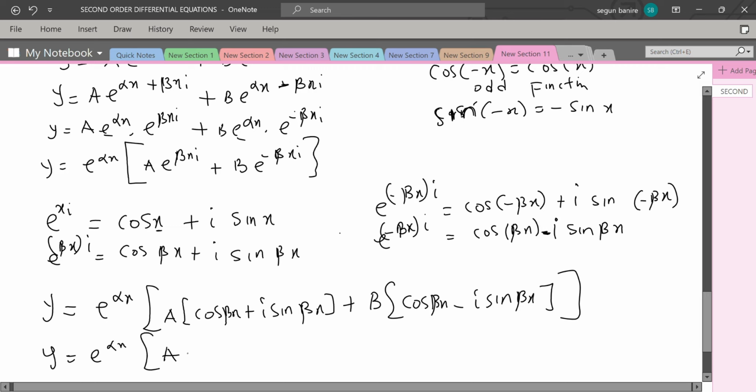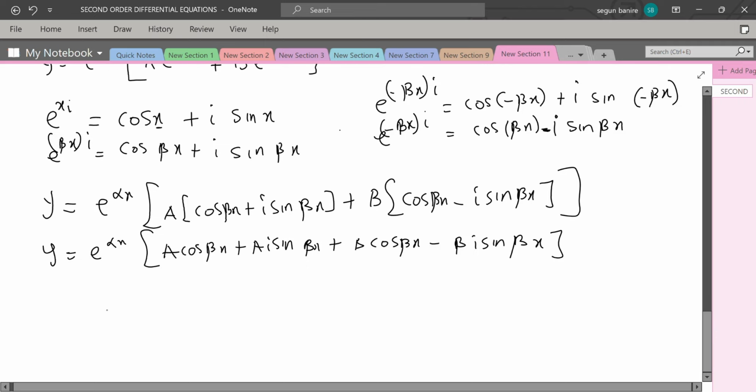If you open the bracket, you have A cos βx plus Ai sin βx plus B cos βx minus Bi sin βx. Now you can see that there are common terms.